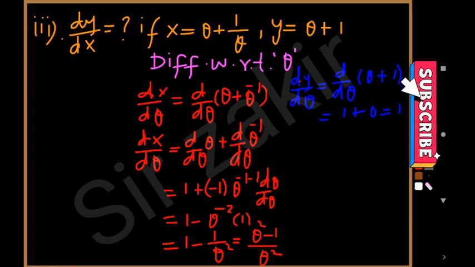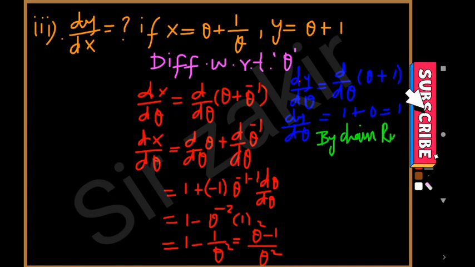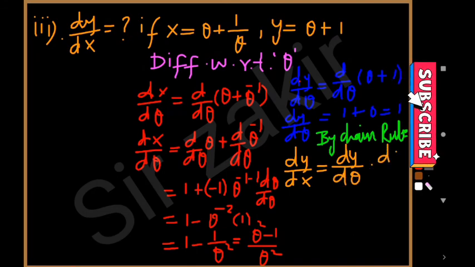So this is finally 1. dy by d theta is 1. Now by chain rule is stated as dy by dx, which is required, is equal to dy by d theta into d theta by dx. This is chain rule.